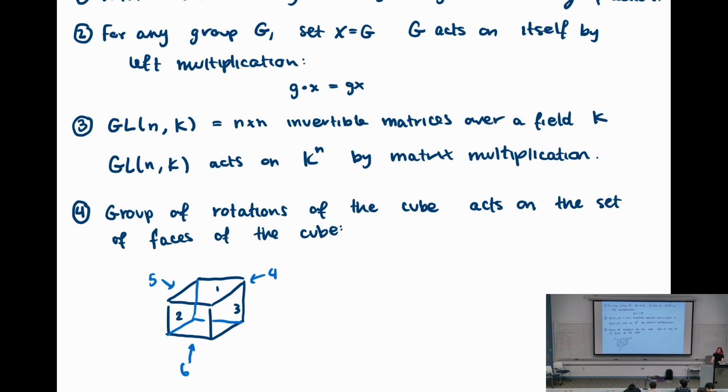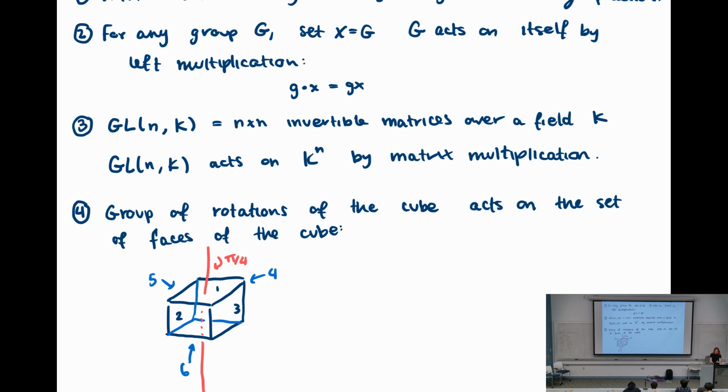Okay, so one way that we could rotate this would be to spin it around this line going through the middle of it, say rotate it by pi over 4. So what that would do is it would bring the face labeled 3 to where the face labeled 2 is. It would put 2 where 5 is, and it would put 5 where 4 is, etc. And it would fix 1 and 6.